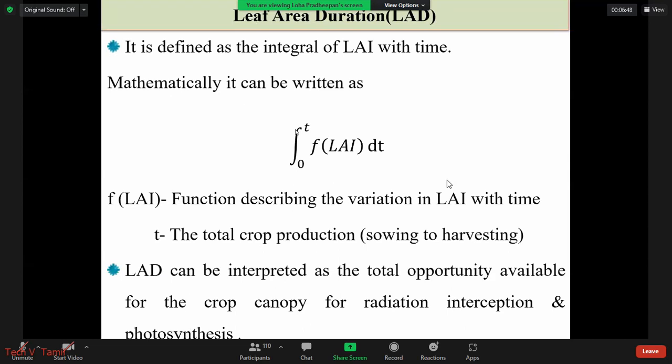The 0 to T is the integral part, that is from sowing to harvesting, how the leaf area index varies with the time period. So that is the leaf area duration. The leaf area duration can be interpreted as the total opportunity available for the crop canopy for radiation interception and photosynthesis.